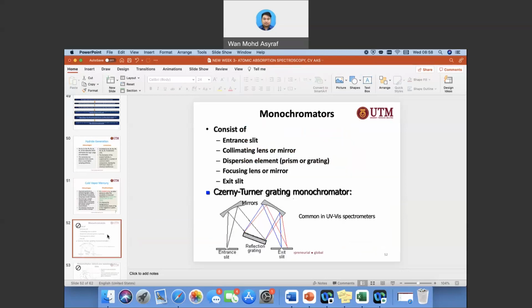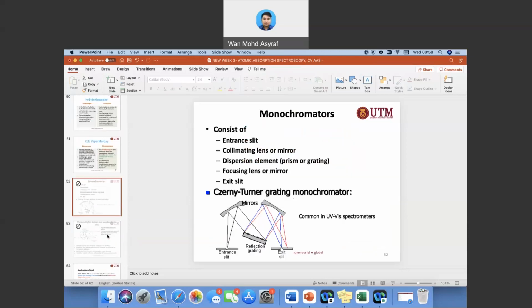All right. So the monochromator is something that you have learned before. It still serves the same purpose, where it just selects the wavelength that you want. The function of the monochromator is that, for example in flame AAS, even though you have selected one particular wavelength, because in your hollow cathode lamp there is an element which is the same element as what you want to analyze in your sample.